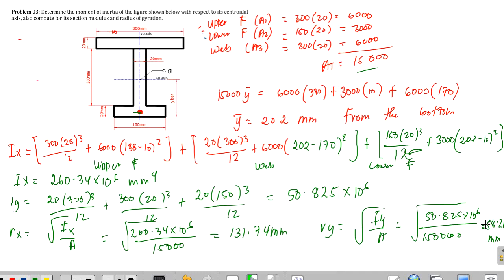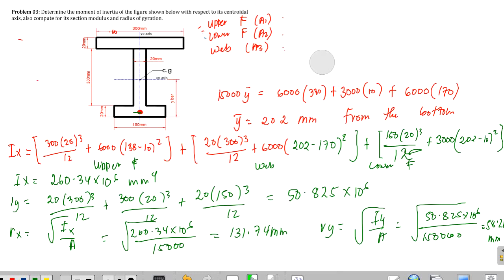Okay? So for the Sx, how about for the section modulus? For the section modulus with respect to x, that is Ix over C. Ix is equal to 260.34 times 10 raised to 6. What is our C?